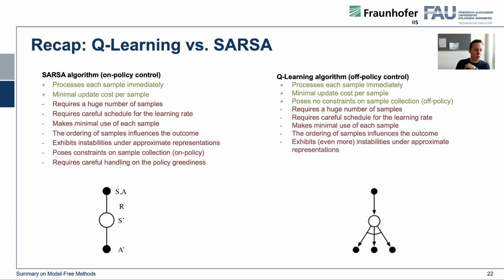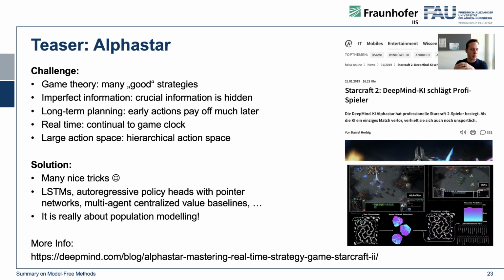We build on top of Q-learning a lot in the upcoming two lectures. I will also give you a teaser of where we will end up in a few lectures ahead. We will see reinforcement learning agents that are capable of playing games like StarCraft 2, where we will talk a little bit about game theoretic problems where we have many good strategies, imperfect information, and really crucial information hidden from the agent.